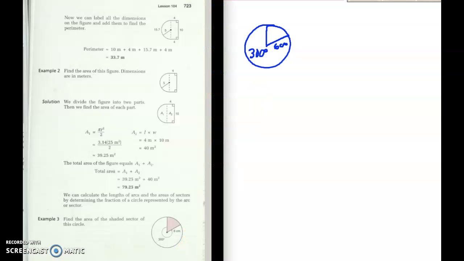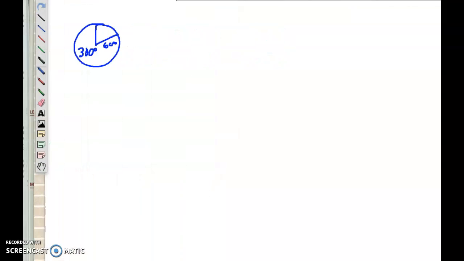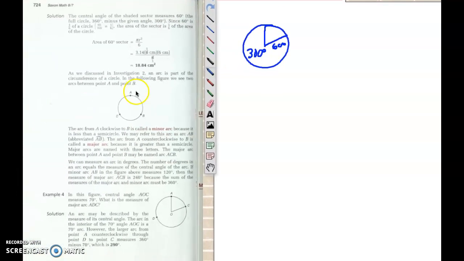All right, let's turn that page. I'm sure there's a fancier way of me doing this, but here we go. Okay, so it says the central angle of the shaded sector measures 60 degrees. Do you know here how we said that the angle all the way around from here was 300?